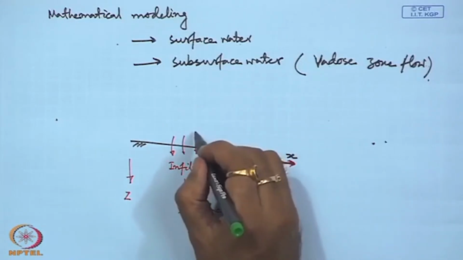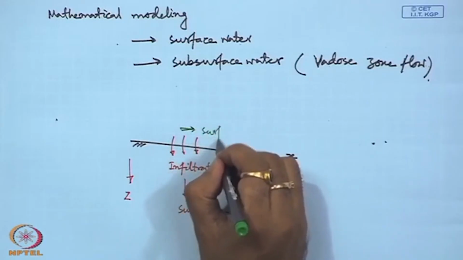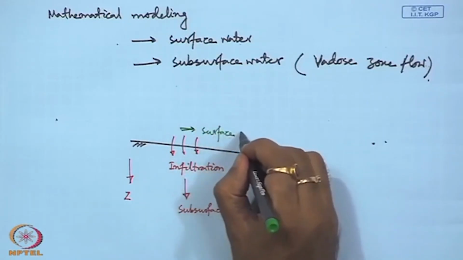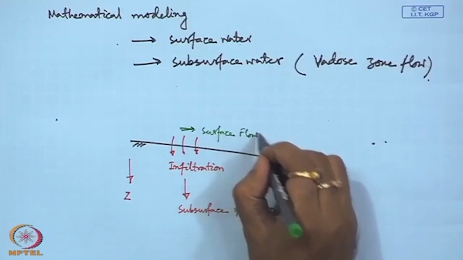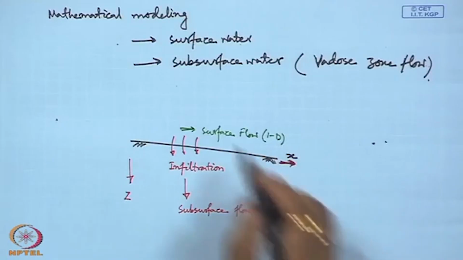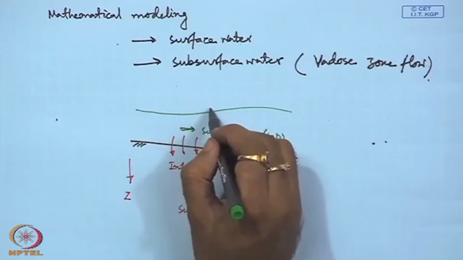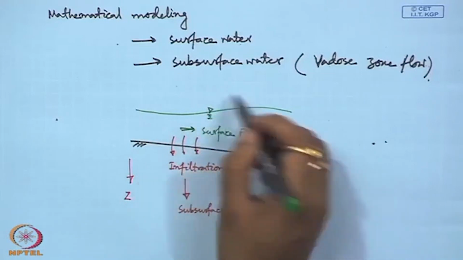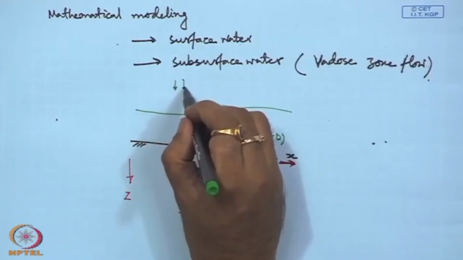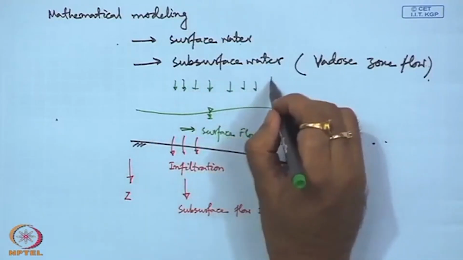So, this is our surface flow, this is 1D model, and this is our surface water level, and we have rainfall above that.